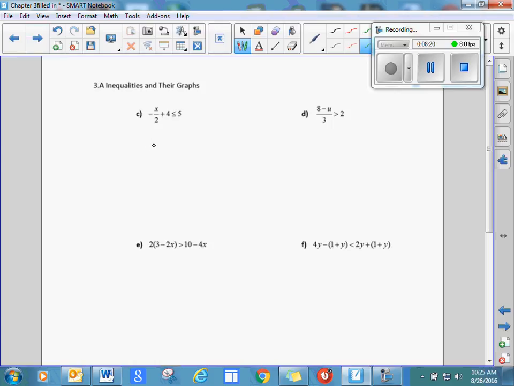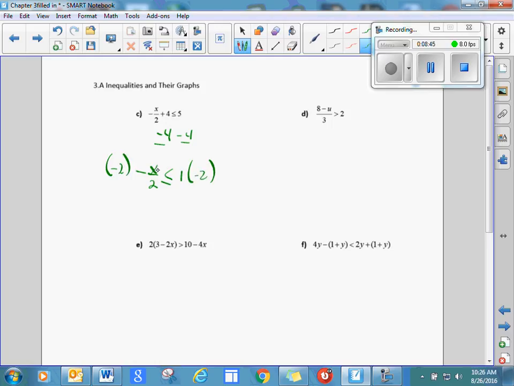All right, we're going to just do a couple on the next page, and then we'll work some in class. So this example, we're going to subtract 4 from both sides. And we end up with -x divided by 2 less than or equal to 1. In order to get rid of the -1/2, which is this denominator, we need to multiply both sides by a -2.